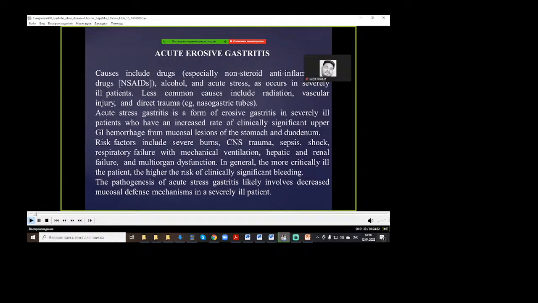Risk factors include severe burns, central nervous system trauma, sepsis, shock, respiratory failure with mechanical ventilation, hepatic and renal failure. In general, the more critically ill the patient, the higher the risk of clinically significant bleeding. The pathogenesis of acute stress gastritis likely involves decreased mucosal defense mechanisms in a severely ill patient.